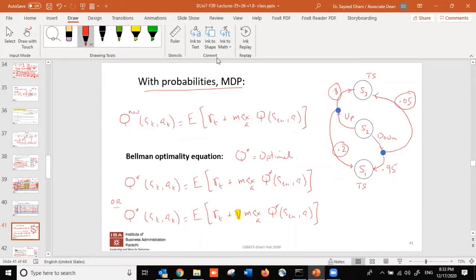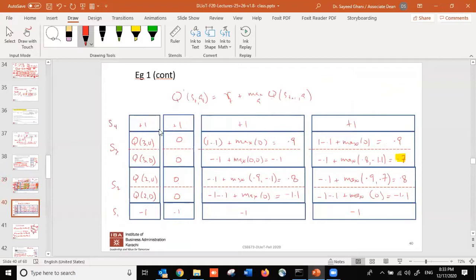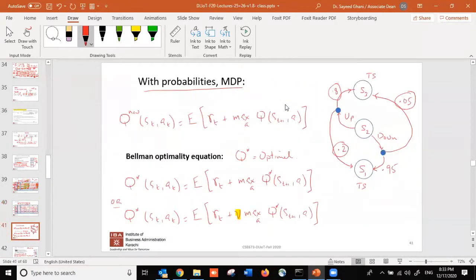It's fairly straightforward. If you remember this equation of Q, we had Q equal to R plus the maximum over the Q value of adjacent states. Now what we're simply going to do is take the expected value.